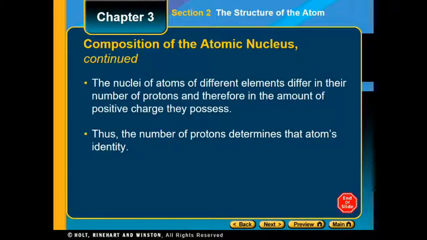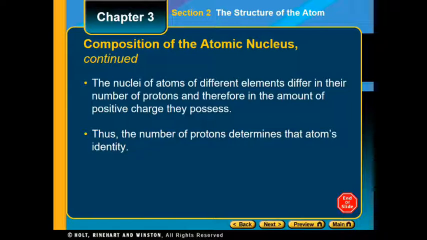So the nuclei of atoms of different elements will be different based on number of protons. And so their positive charges are going to change. I'm looking at my periodic table right now, and I'm finding the atomic number on my periodic table. More than likely, that's going to be the whole number above your element symbol. And I see sodium, for instance, has an atomic number of 11. That means 11 protons.